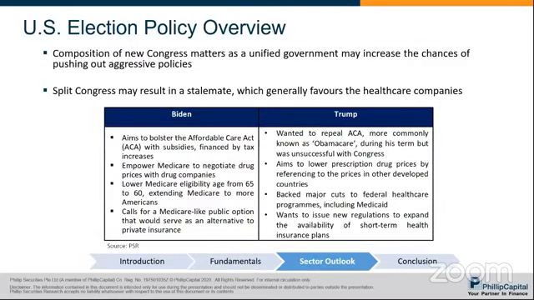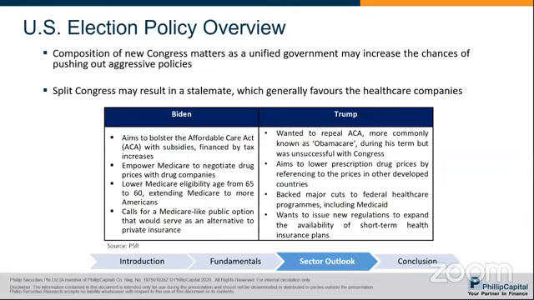And in terms of healthcare, not just the president, we also have to look at the Congress composition, because having a unified government may actually increase the chance of pushing out aggressive policies. And for the healthcare sectors, whenever there are such aggressive policies, they tend to disfavor healthcare itself.